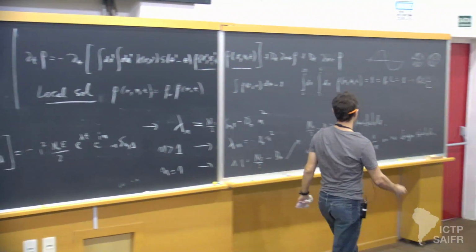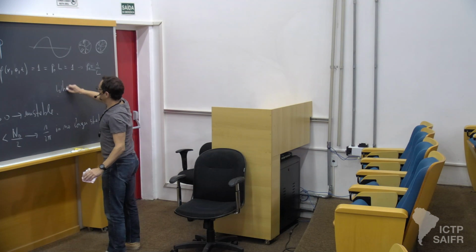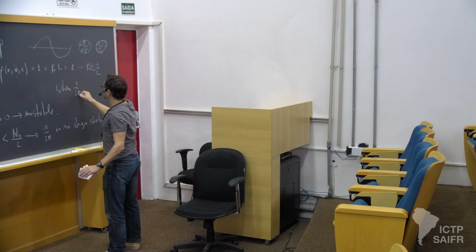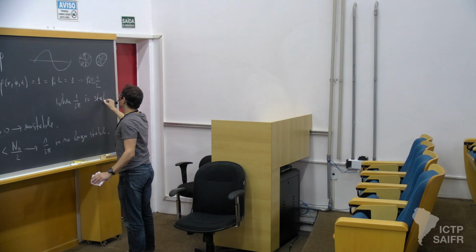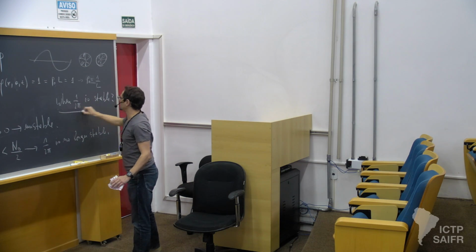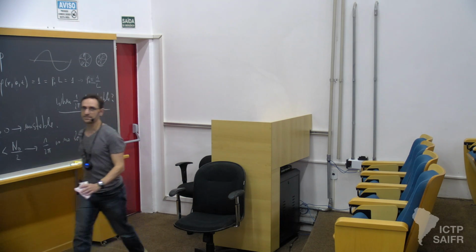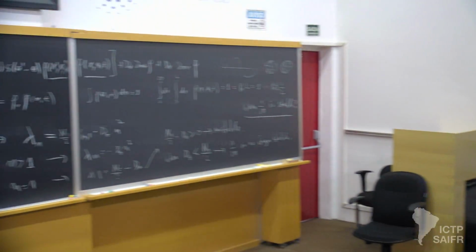So this was the answer for when 1/2 pi is stable or unstable. We will look at when n1 becomes unstable, because that means that something else has to be present in the system.